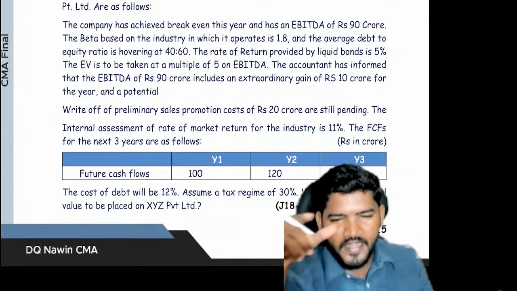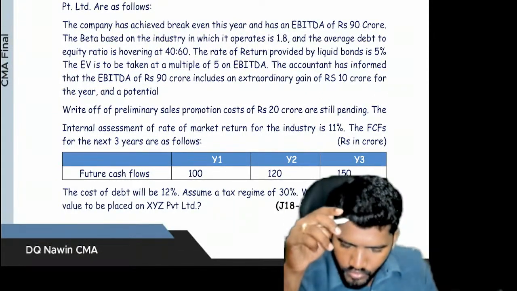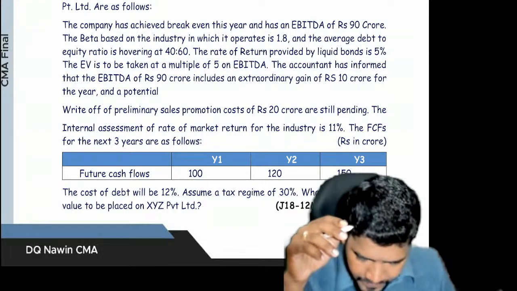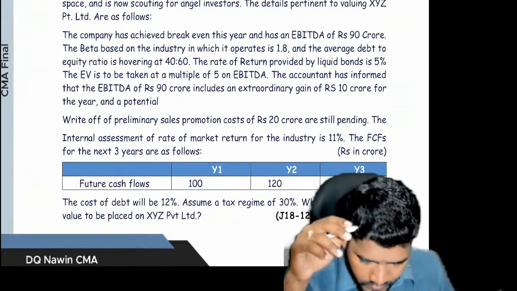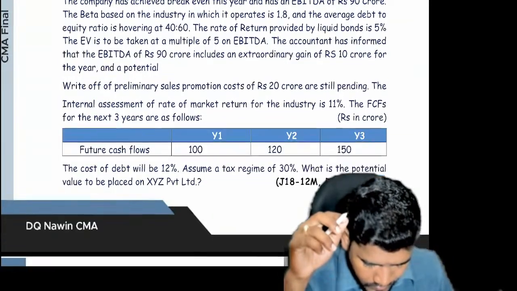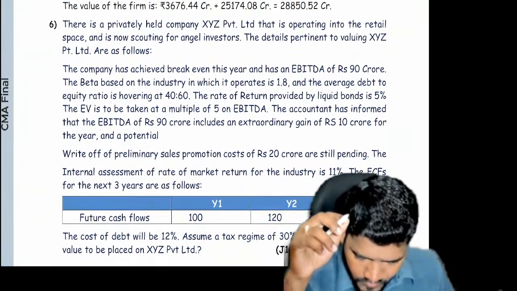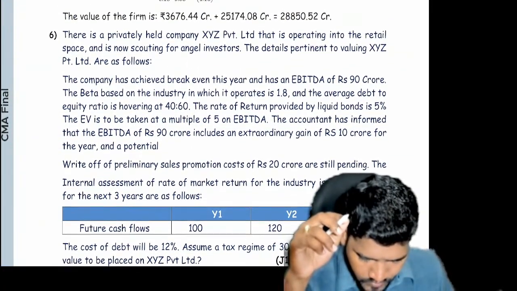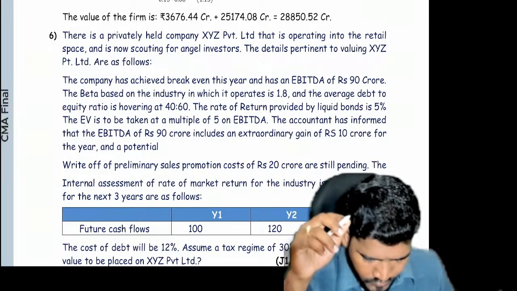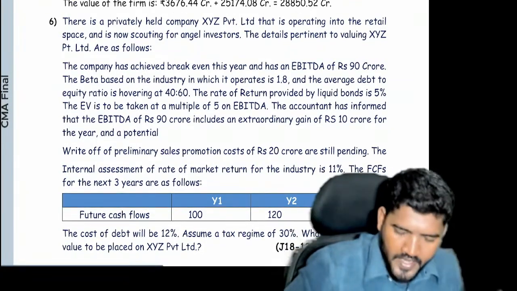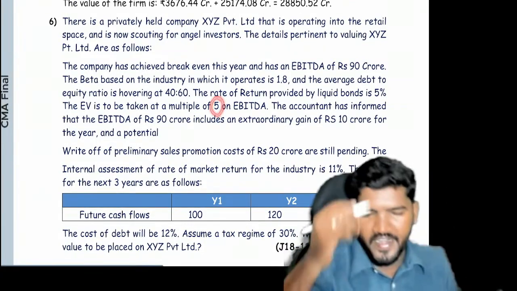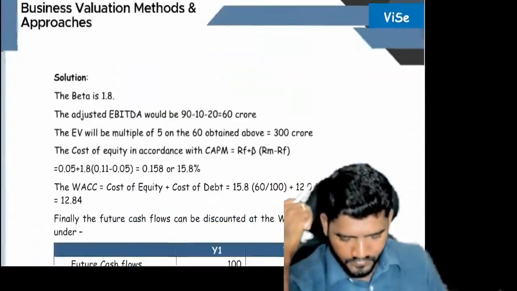With the help of EBITDA, there is a multiple mentioned. So adjusted EBITDA into 5 times, you will get another valuation.